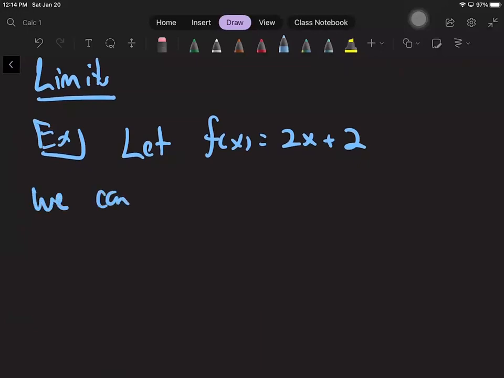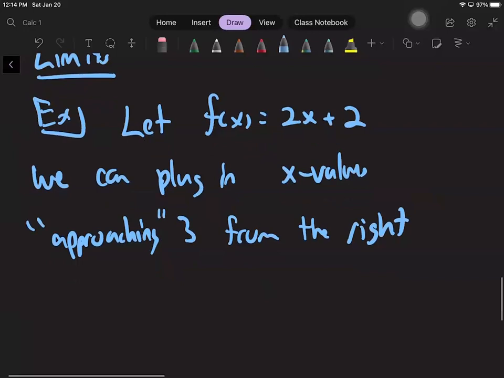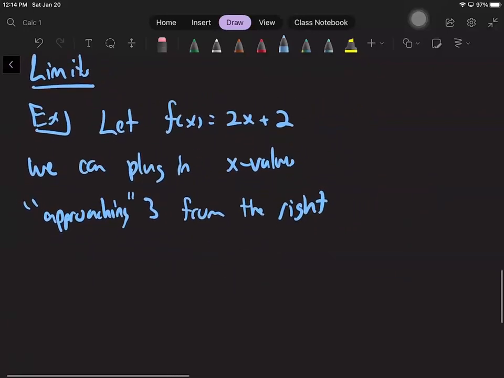We can take a function and plug in x values approaching 3, whatever that means, from the right.